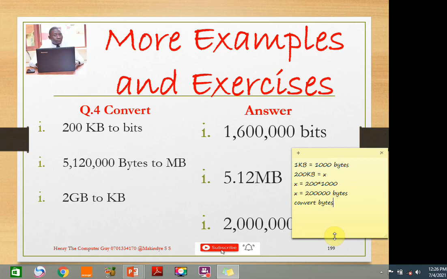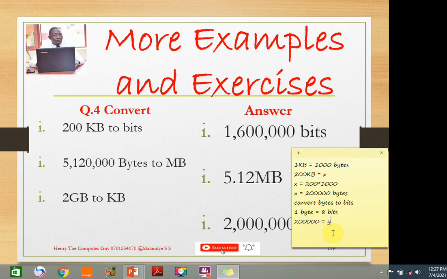Now we are going to convert the bytes to bits, because we know that 1 byte equals 8 bits. Are we together? I think we are. 1 byte consists of this. Now what about the 200,000? It will give us the y, which we don't know. We cross multiply to get the number of bits we need.